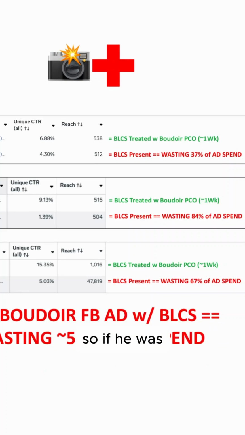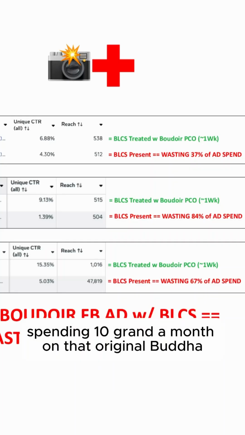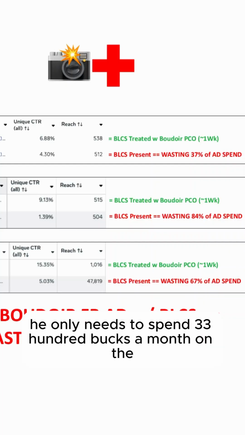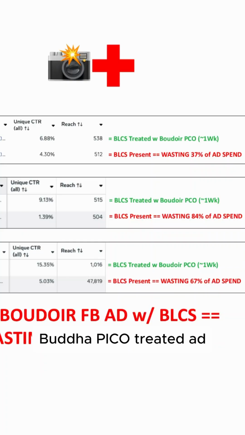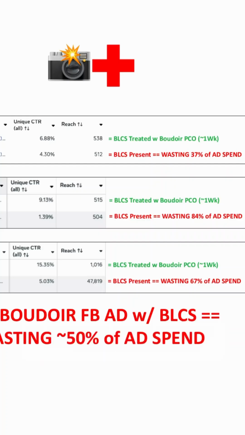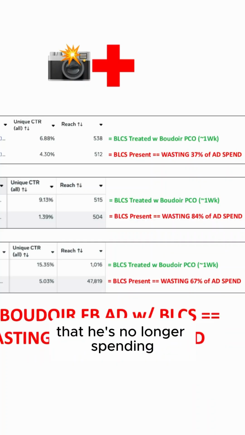So if he was spending 10 grand a month on that original Boudoir Facebook ad, now he only needs to spend $3,300 a month on the Boudoir PICO treated ad, and he gets his ad into the same number of women's brains in both scenarios. So that's $6,700 a month that he's no longer spending.